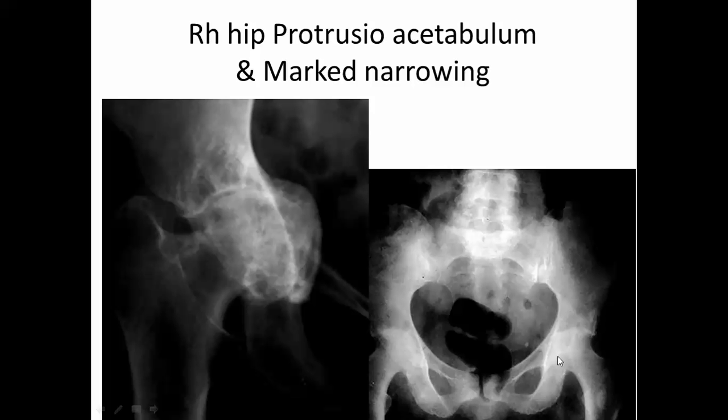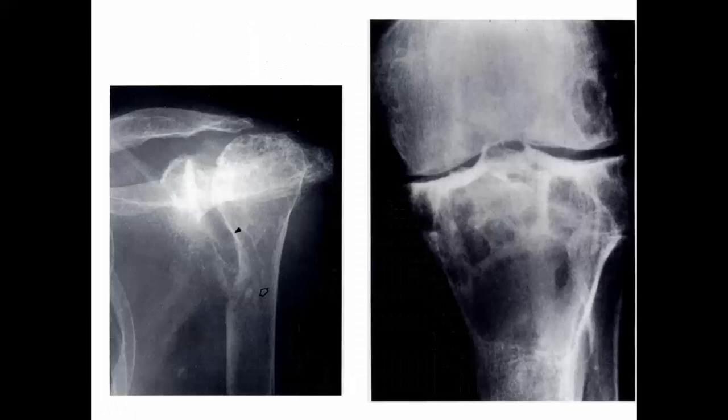So early we can find early marked narrowing, and then in the hip you can get protrusio acetabuli. Late or advanced rheumatoid disease shows cystic changes periarticular, both the glenoid, the scapula, and the humerus, as well as the surfaces of both femur and tibia.